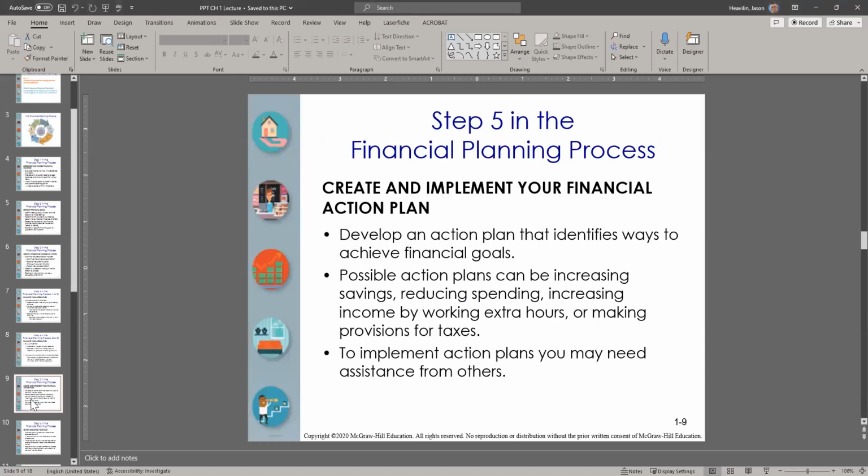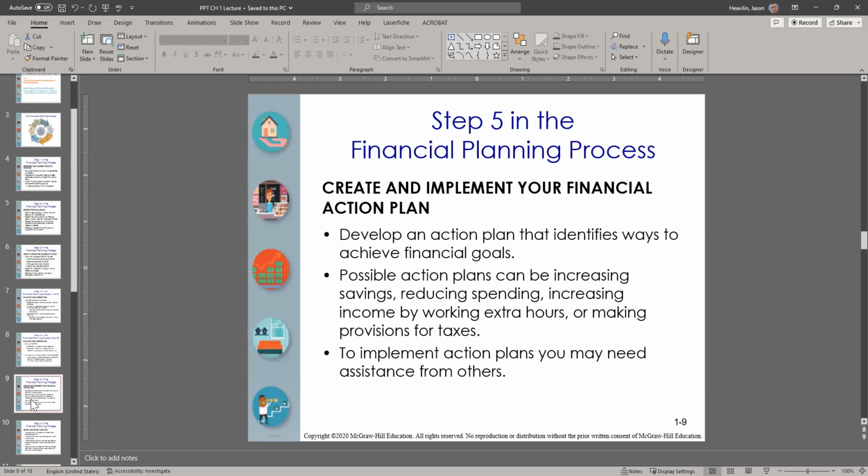Step 5 in the financial planning process. Now you want to create and implement your financial action plan. So once you know where you are, know where you want to be, know the different ways you can get there, and you have evaluated those different ways and you chose one, now actually do it.